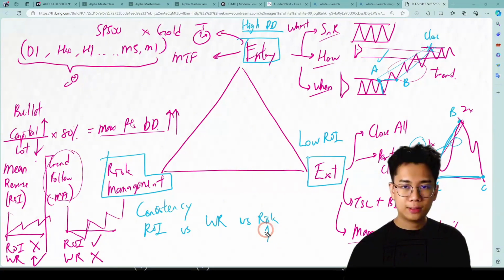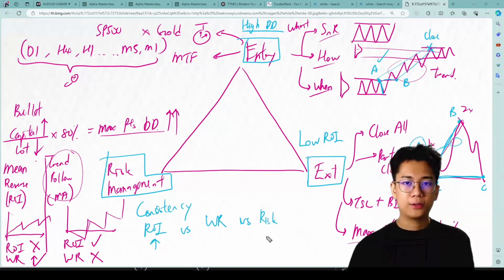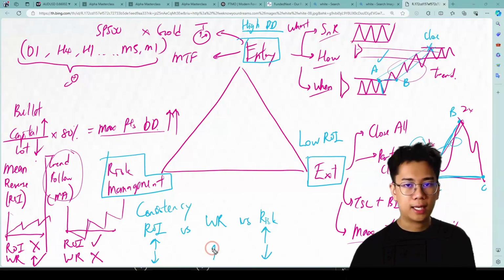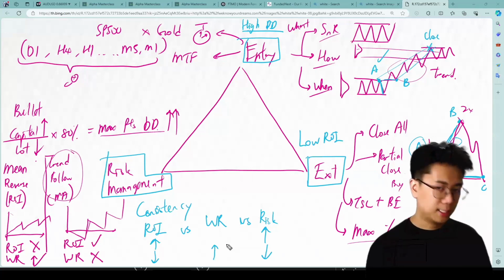If you want a higher ROI, your risk must be high. If you want lower risk, technically your ROI is also low, but your win rate needs to be higher. So it's a balance between all these things.